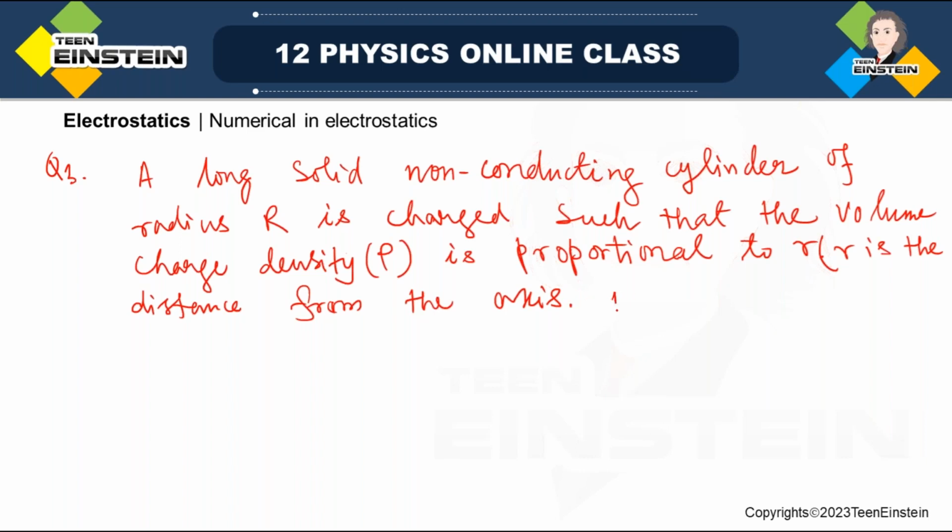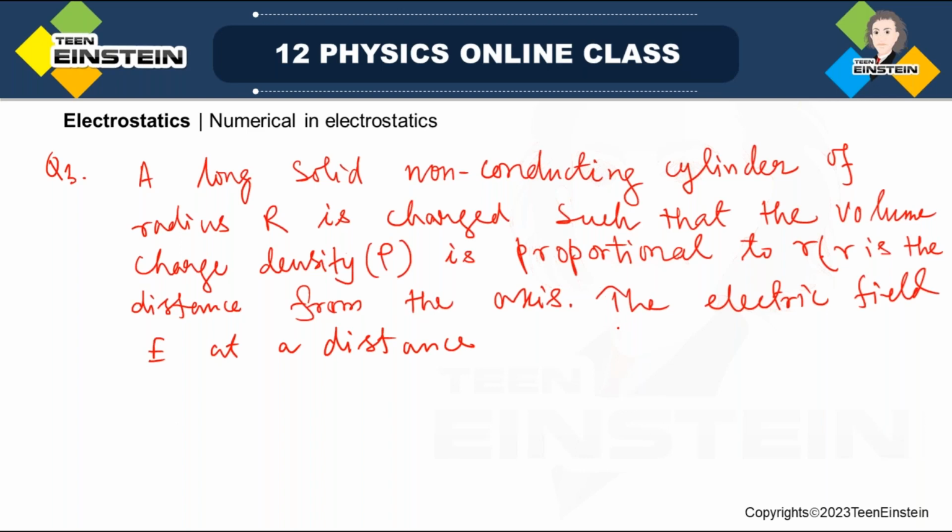So we have to find out what the electric field E at a distance small r less than capital R will depend on.